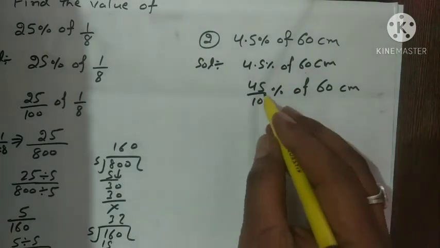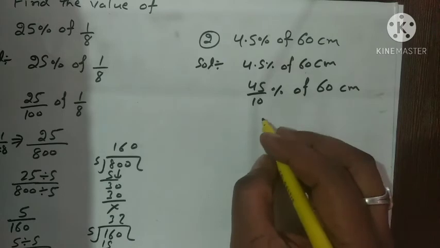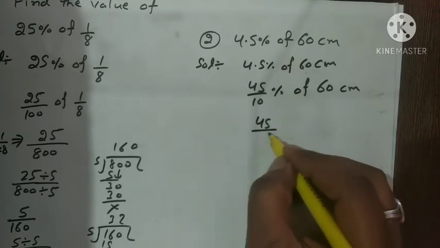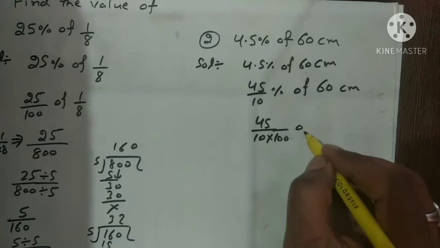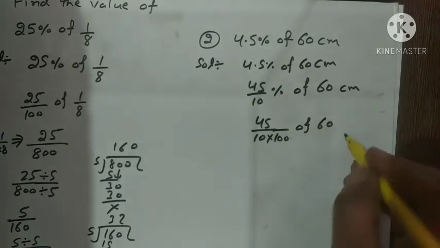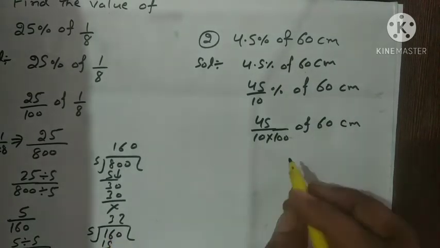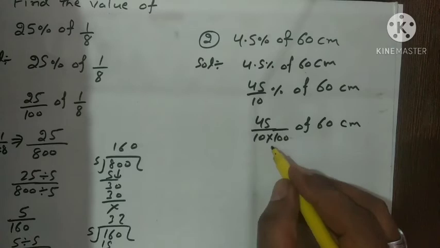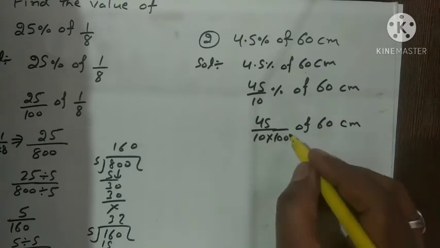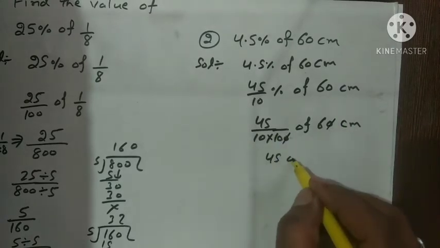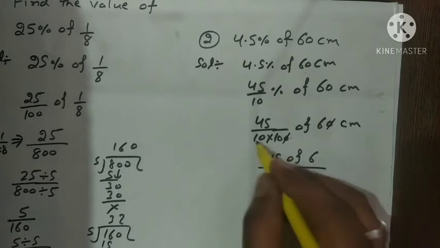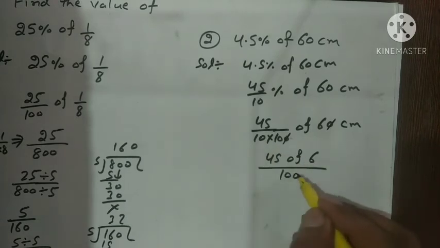Now 45 over 10%, it means 45 over 10 multiplied by 100 of 60 centimeter. Now we shall multiply. Firstly I will cancel this 0 with this 0, so I am left with 45 of 6 over 10 into 10, that is 100.